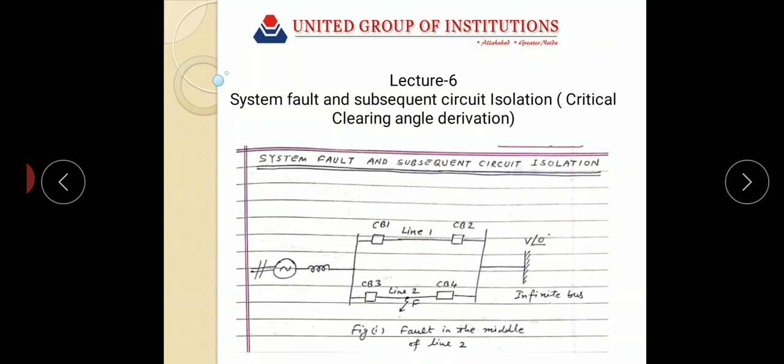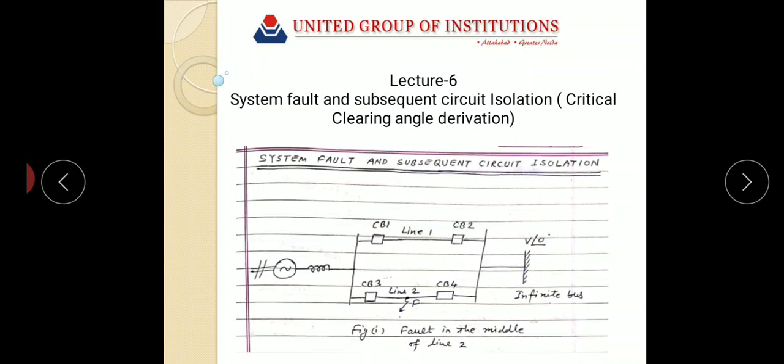The fault produces a transient change which may render the system unstable. However, if the circuit breakers clear the fault in time, it is possible to maintain stability.